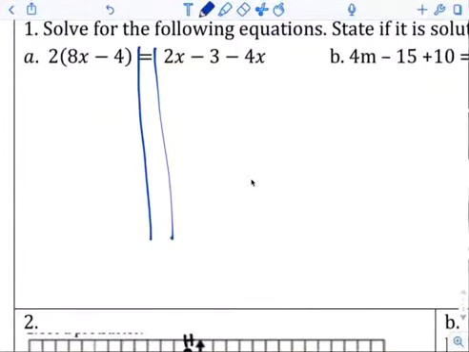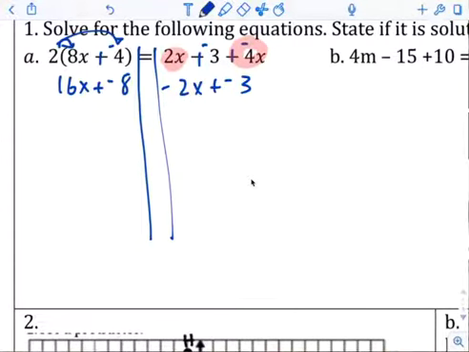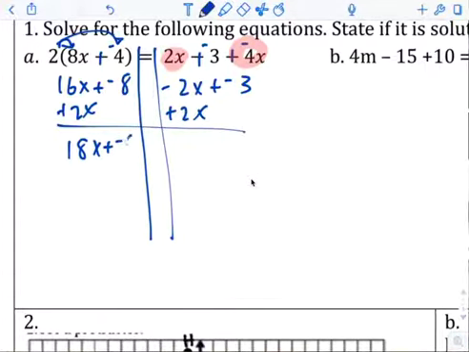You always do distributive property first. Additive inverse, additive inverse. There, we get negative 2x plus a negative 3. Add 2x, add 2x. 18x plus a negative 8.